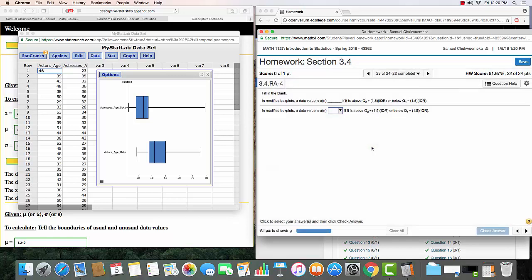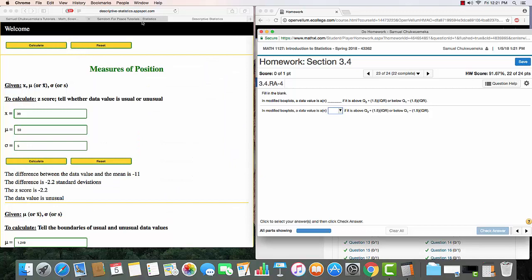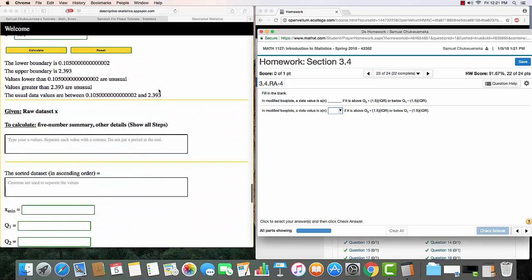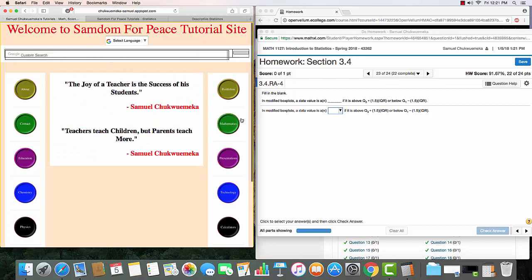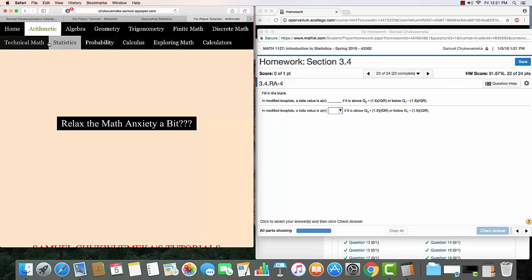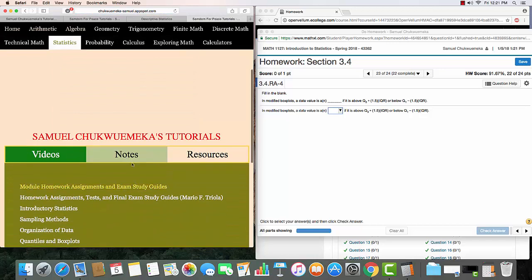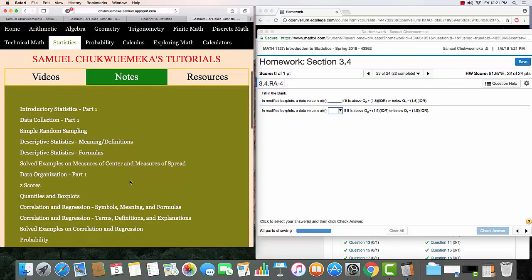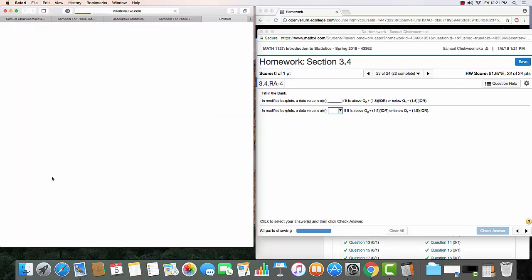In a modified box plot, a data value is an outlier if it is above the third quartile. This is the upper fence and this is the lower fence. So outliers, go to notes: quantiles and box plots.